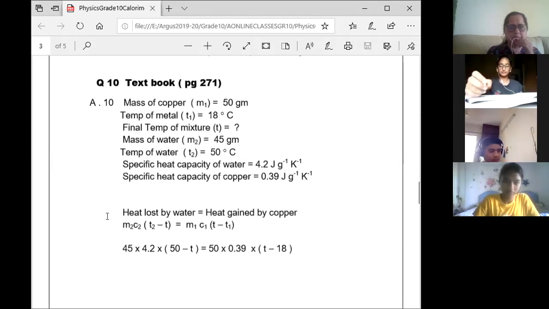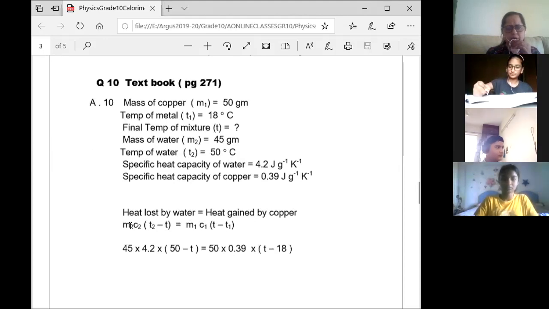So according to the principle of calorimetry, heat lost by water, the water being at a higher temperature, equals heat gained by copper. For water I have taken the subscript 2, and for copper the subscript 1.